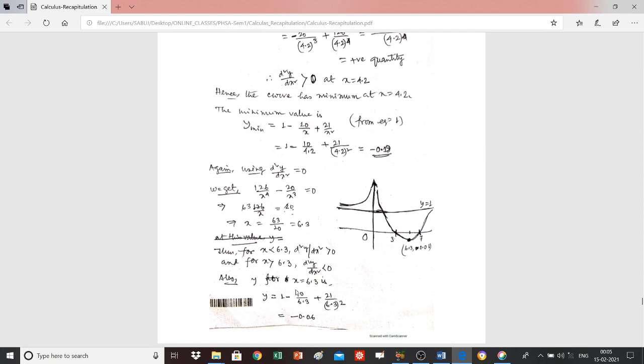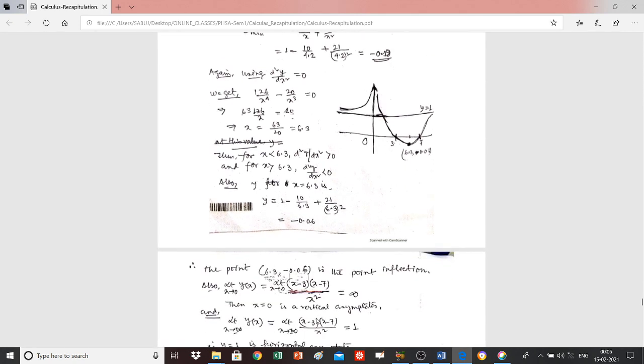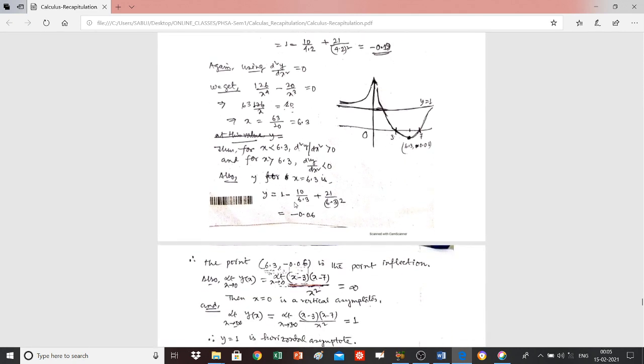Use the value of x as 6.3 in the expression of y, that is 1 minus 10 by x plus 21 by x square. In this relation, you have obtained that y is equal to minus 0.6. So the point is x equal to 6.3 and y equal to minus 0.6. This is the point of inflection.